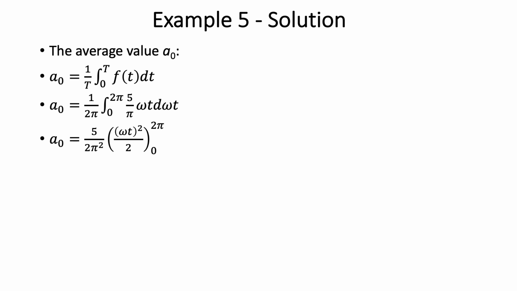Continue with the integration. We have A0 equals 5 over 2 pi squared times omega t squared over 2 for 0 to 2 pi. And finally, we have A0 equals 5.